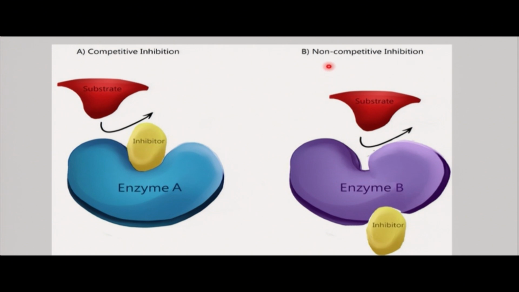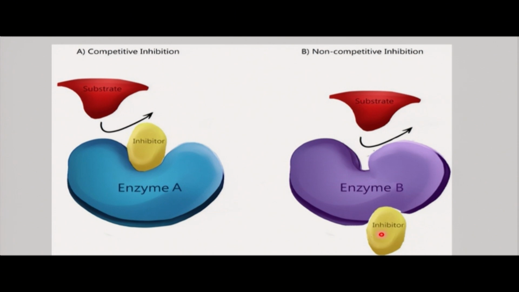Another one is non-competitive inhibition. That's where we have the inhibitor, and then we have the enzyme, and then the substrate. What happens? The inhibitor doesn't go to the active site of the enzyme. Instead, it goes to another part of the enzyme, which we call the allosteric site.